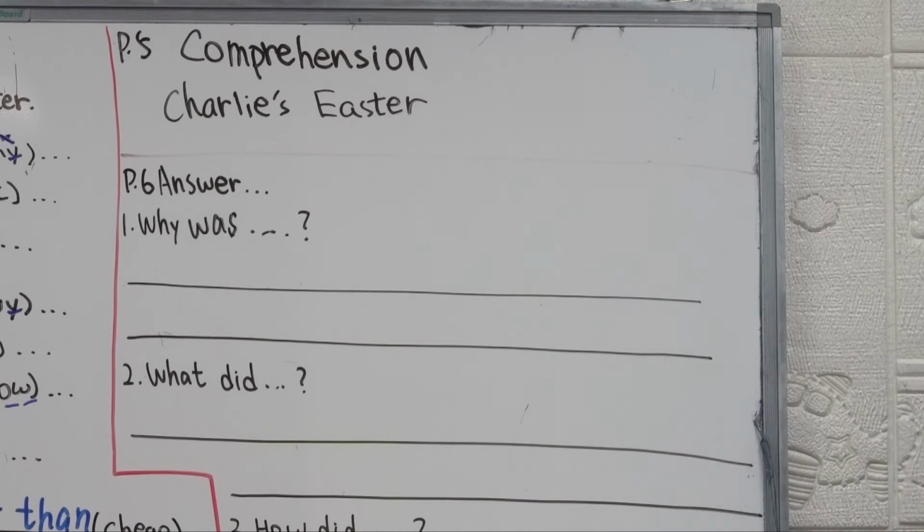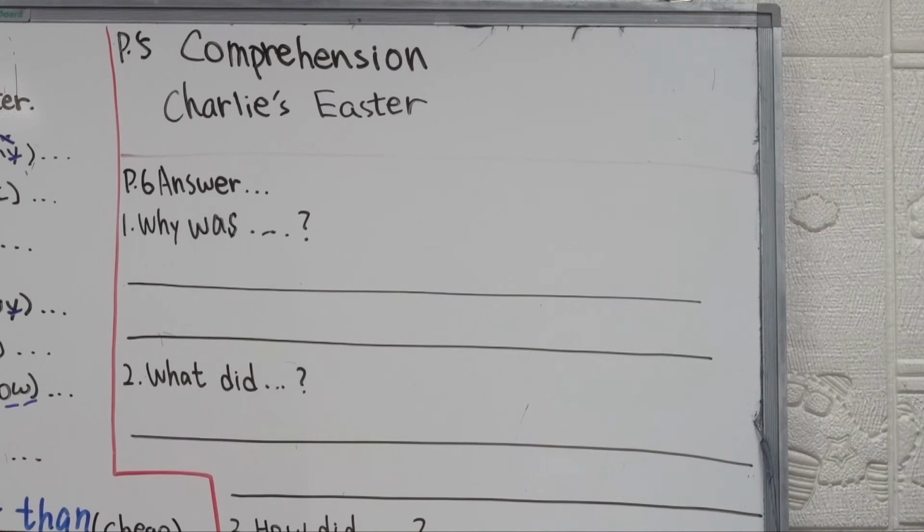Alright, the last paragraph. The day before Easter, Charlie and his mother went shopping for food for the party. They bought a ham, beans, potato salad, eggs, and a coconut cake. Charlie and his mother colored the eggs with the Easter egg dye. It was going to be a great Easter.